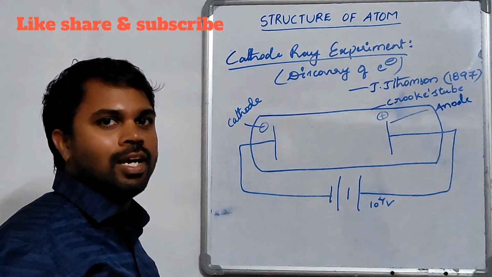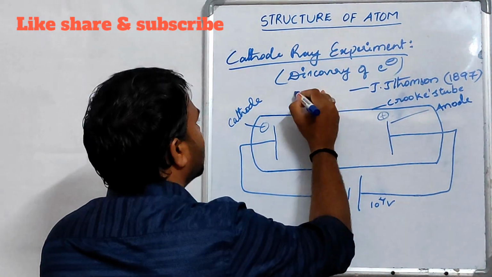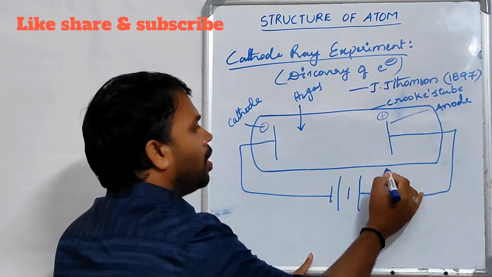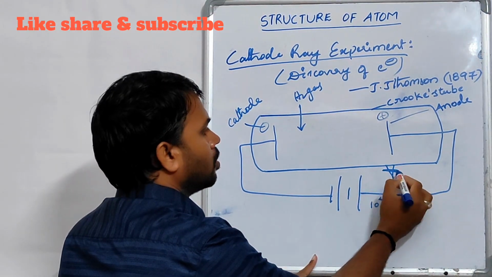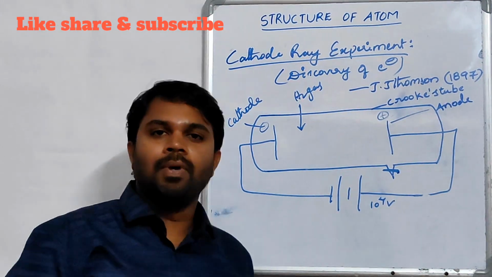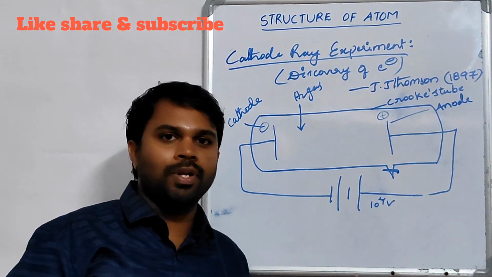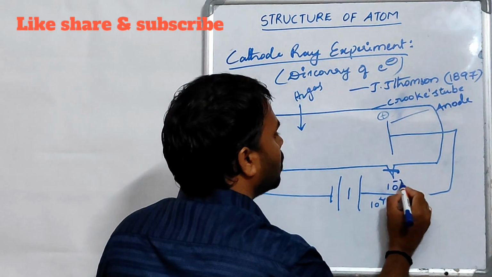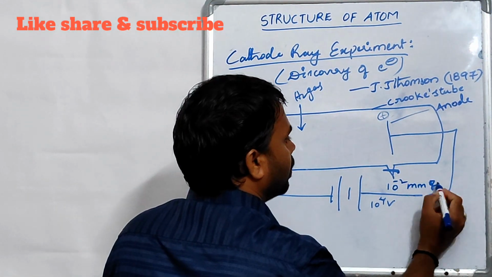He kept H2 gas inside this tube. He fixed a vacuum pump over here, with the help of which he maintained a low pressure inside the tube, that is 10 to the power of minus 2 mm of Hg.